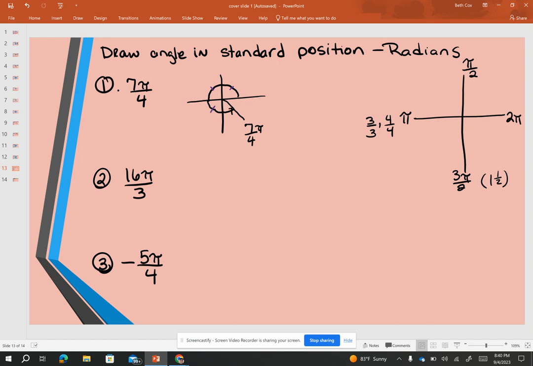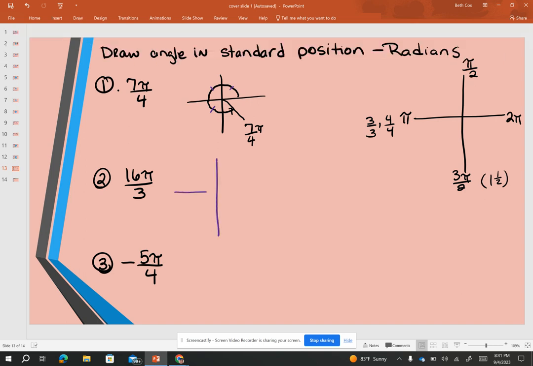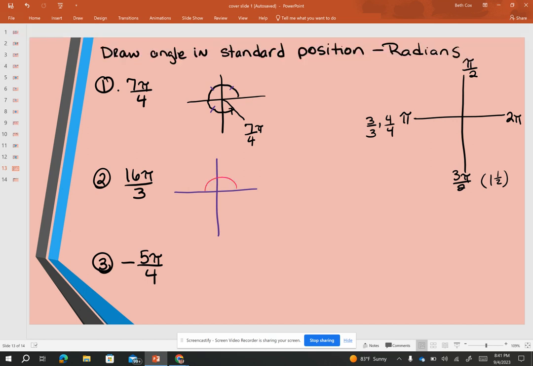All right. Now, 16 pi over 3, again, I'm going to count all the way around. That's 16/3. Let's do a little faster counting, because I got to go all the way to 16/3. So I've got 3/3, 6/3, 9/3.